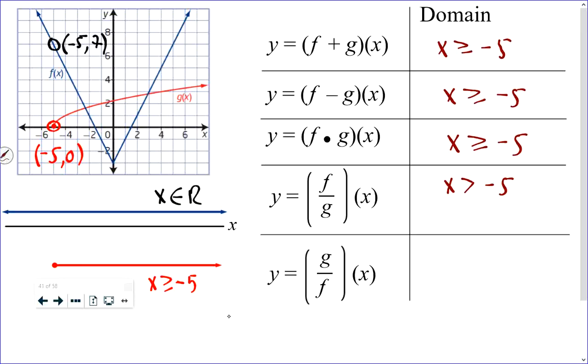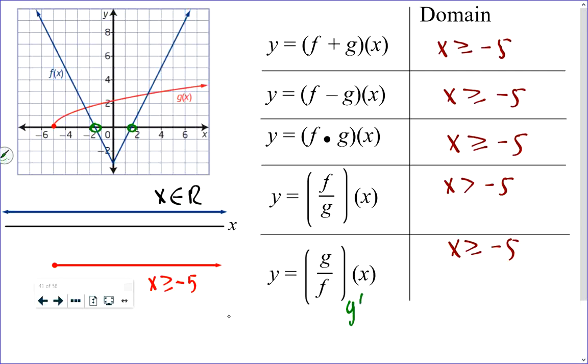If we use the same rule here for g over f, we would start off with x is greater than or equal to negative 5. But now what we're going to have to do is exclude from that domain these two x values because y there is 0 on f.